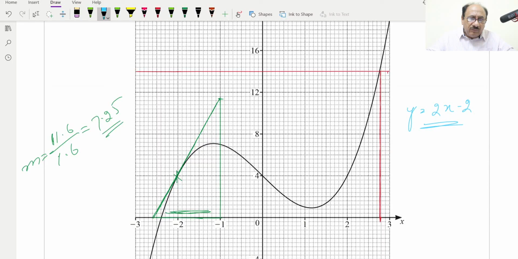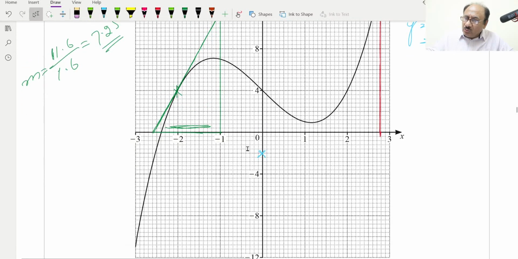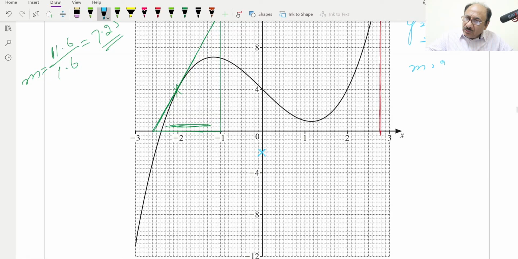y-intercept. What will they be? The y-intercept is -2, so it means the line is passing through this point. This is the -2 point, and the slope is 2, so the m value is equal to 2. Rise over run is equal to 2 over 1, so 2 units up and 1 unit right.